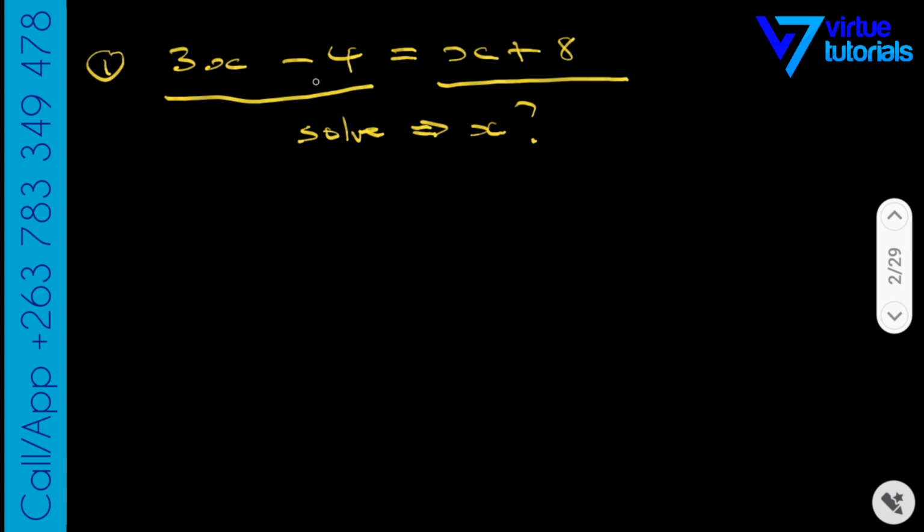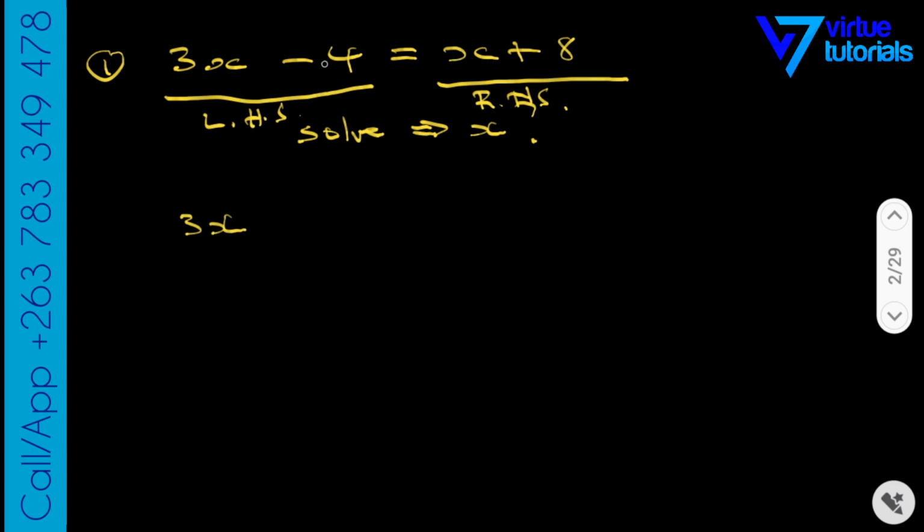So how do we do it? We collect like terms on either side. I collect all terms with x on the left-hand side and all terms without x on the right-hand side. So my 3x is already here. Bring my x this side. X was positive. If there's no sign here, it means it's a positive x, meaning it's adding.